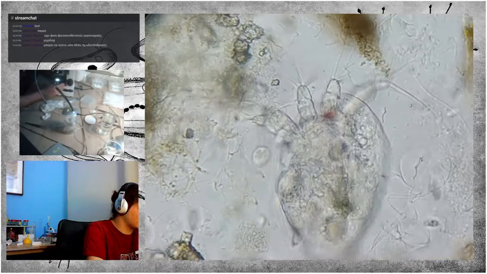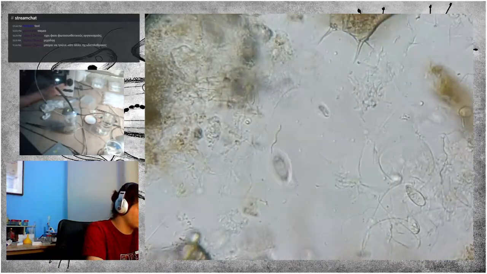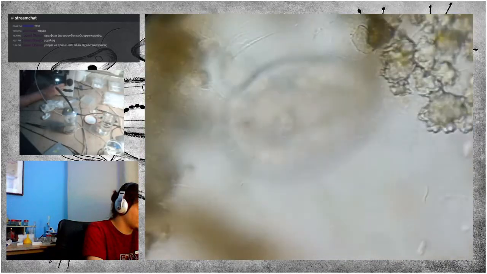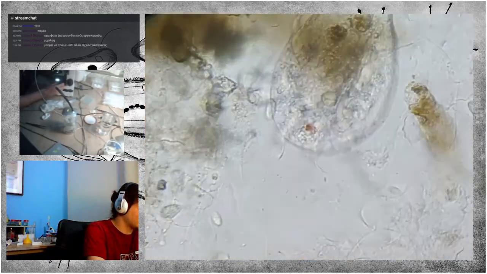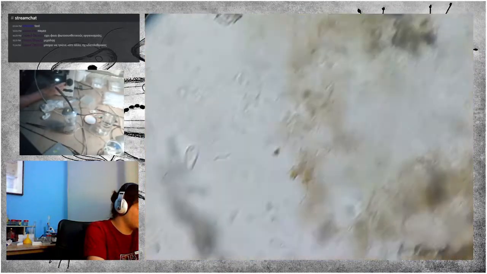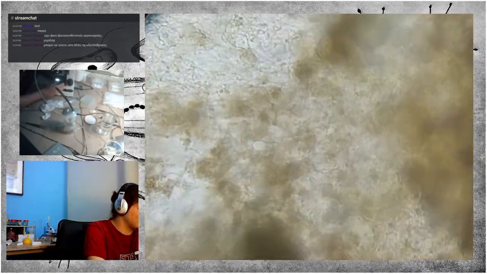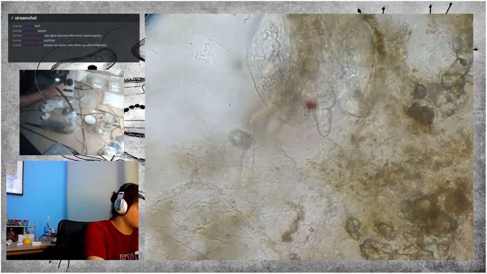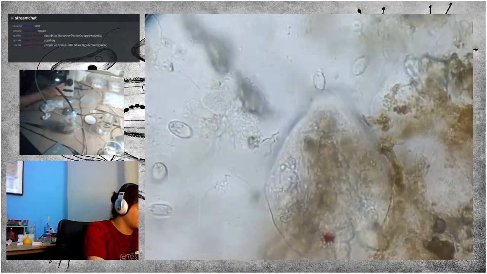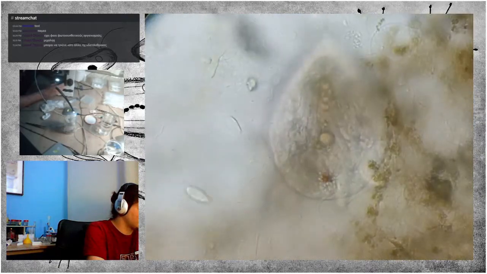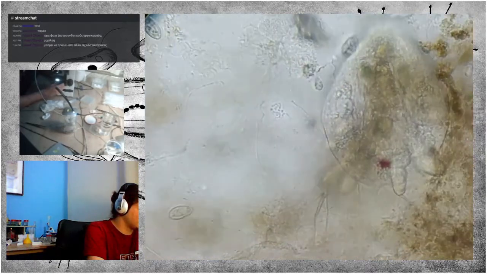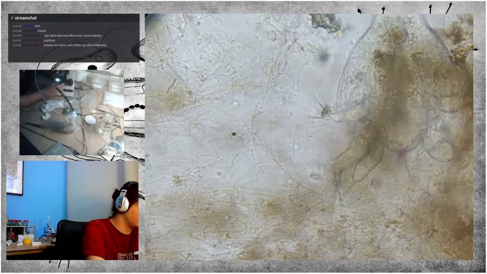It is quite a ways away from the position that it was before, and you can see its appendages, legs you could say, not exactly legs. It kind of walks. Now it's a bit obstructed by the biofilm that's above it.